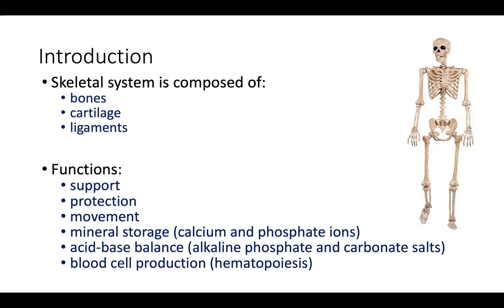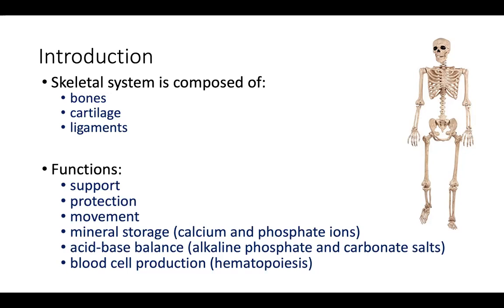And your bones are also where blood cells are produced, specifically in the bone marrow. And this process of blood cell production is called hematopoiesis. So those are the 6 main functions of the skeletal system overall.